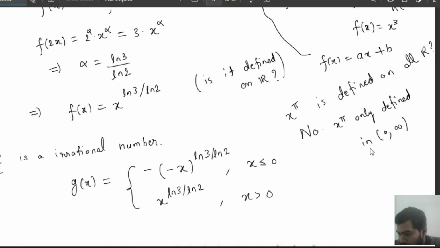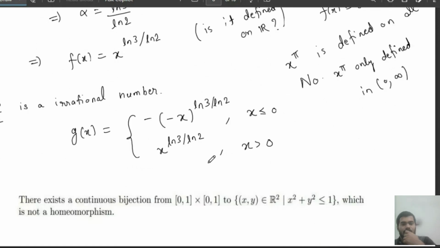Now, is it a homeomorphism? First of all, it is 1-1 and onto. You can verify easily, right? Can anybody answer? Is it 1-1 and onto or not?